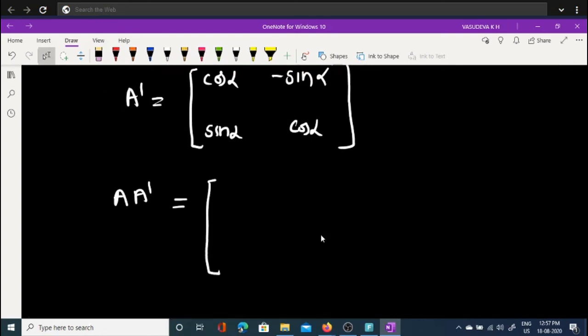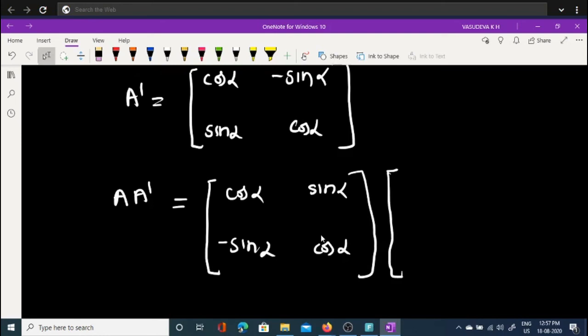A is cos alpha, sin alpha, minus sin alpha, cos alpha, and A dash is cos alpha, minus sin alpha, sin alpha, cos alpha.